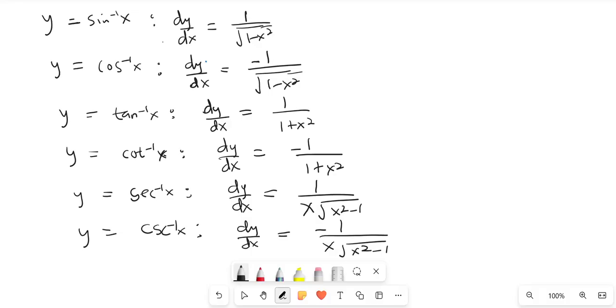So these are the derivatives of the sine inverse function, cosine inverse function, tangent inverse function, cotangent inverse function, secant inverse function, and the cosecant inverse function. So these are the derivatives of the inverse trigonometric functions.